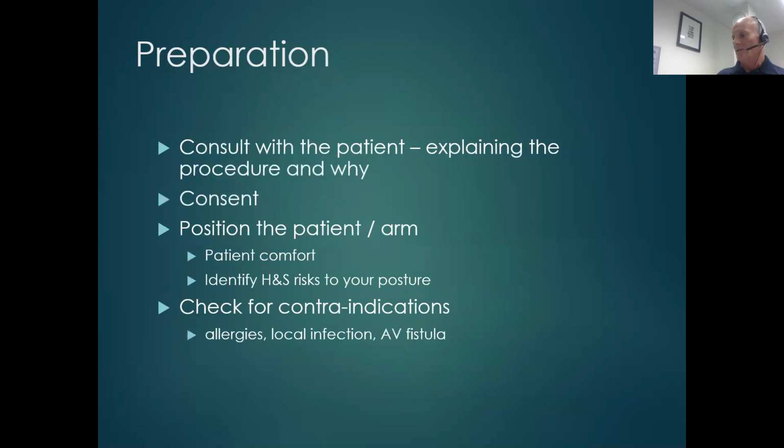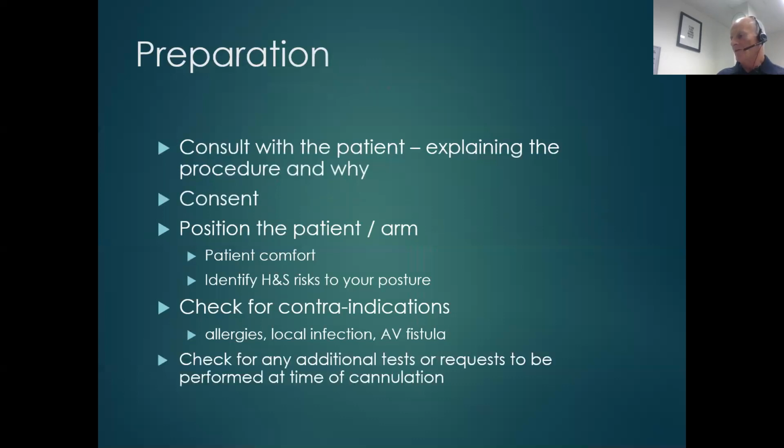Check for contraindications, allergies. We want to make sure of things like local infections and fistula, so AV fistula. Again, we've gone through those contraindications in the previous slides. Check for any additional tests or requests to be performed at the time of cannulation. Again, more in hospital, so we may be taking bloods for doing some blood tests.